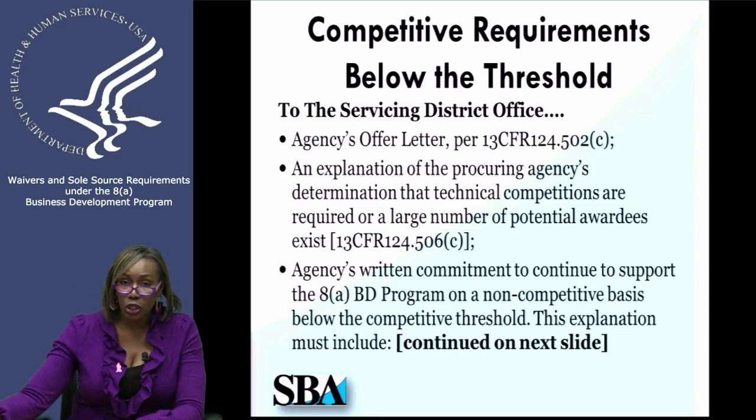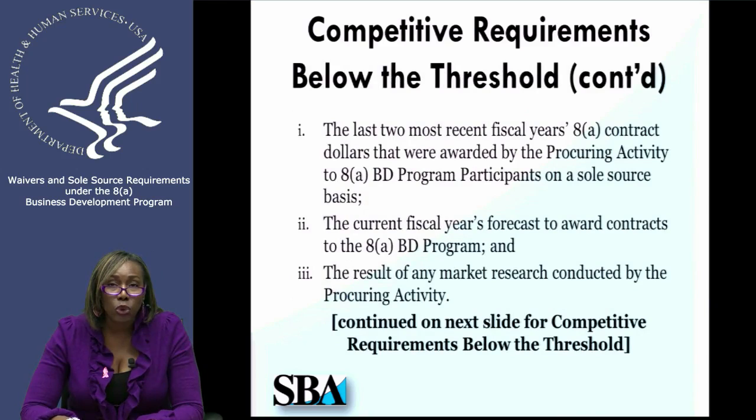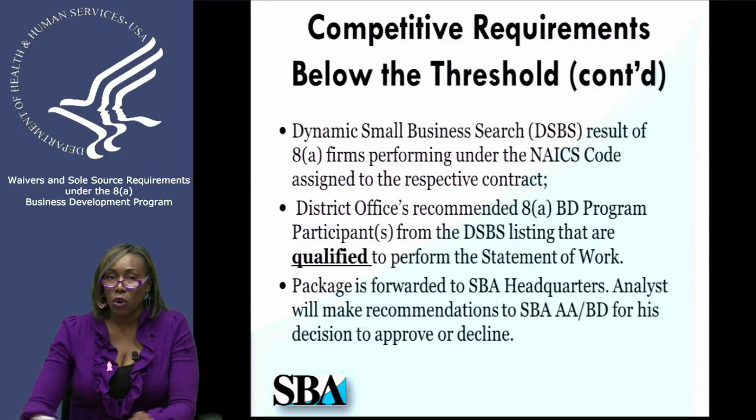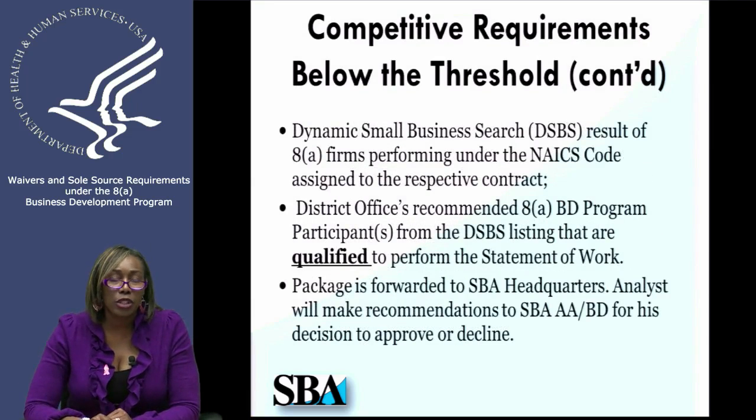This explanation must include the last 2 most recent fiscal years' 8A contract dollars that were awarded by the procuring activity to the 8A BD program participant on a sole source basis, the current fiscal year's forecast to award contracts to the 8A BD program, and the results of any market research conducted by the procuring activity. We're also going to ask for Dynamic Small Business Search results for the 8A firms performing under the NAICS code assigned to the specific contract.